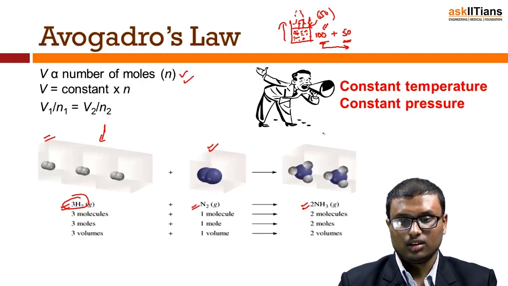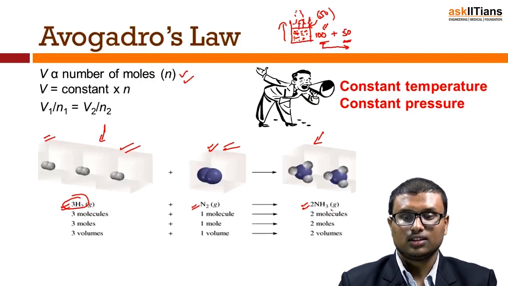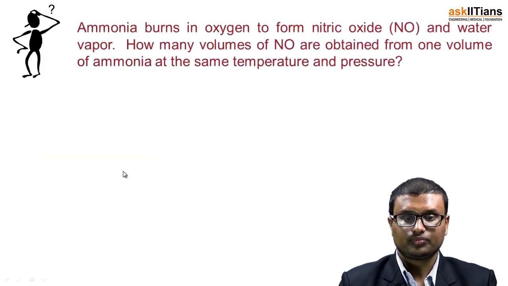This one is intermediate between this one and this one, because its number of moles is intermediate between these two. So you can see the effect of volume on the number of moles. So my volume is directly proportional to my number of moles.